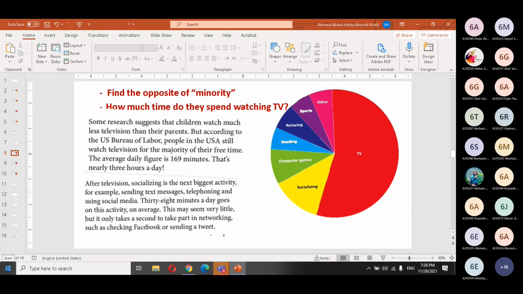Sending text message is a kind of what? Is an example of what? Socializing. أيوة. After television. أنا شرحت الفرق بينهم. Okay. Sending text message is an example of socializing.